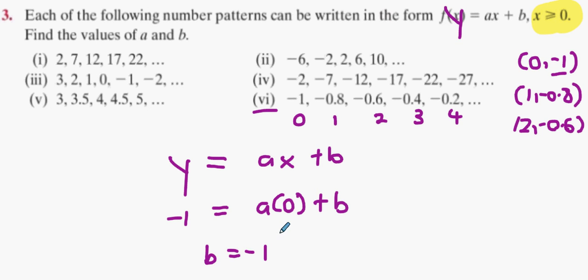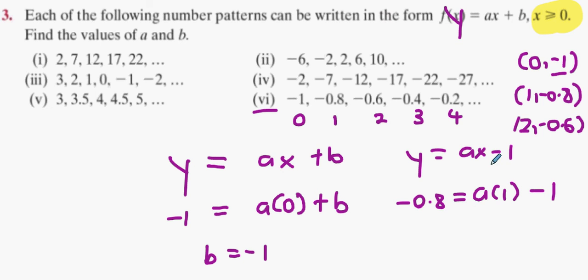Okay. Pick the next point. So y is currently equal to ax minus 1. Right, what's the y value of the second point? What's the a value, what's the x value?